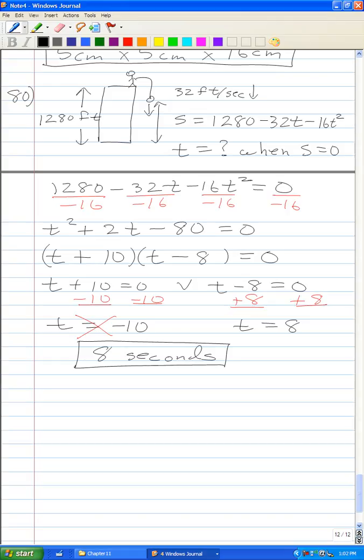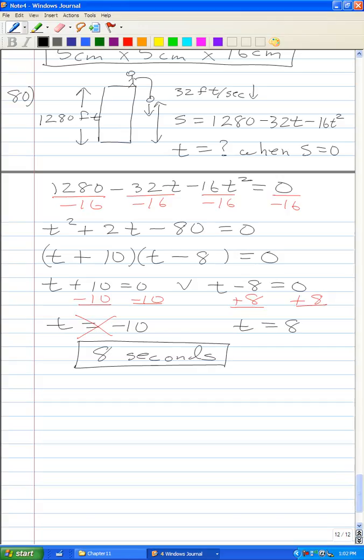Okay? And that's fairly realistic to drop an object off of a building. The only thing is that usually there's some air resistance, which will cause it to have a maximum velocity. So usually it slows down at some velocity.